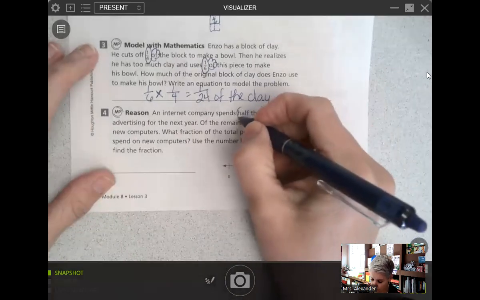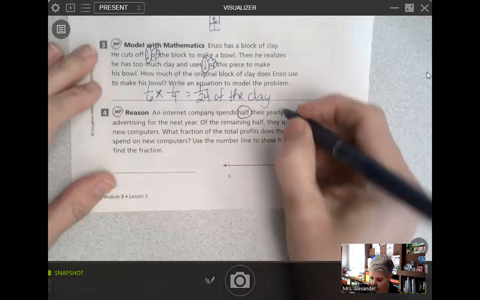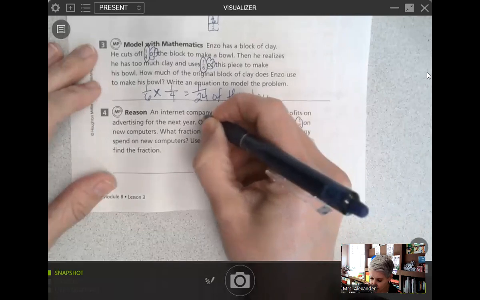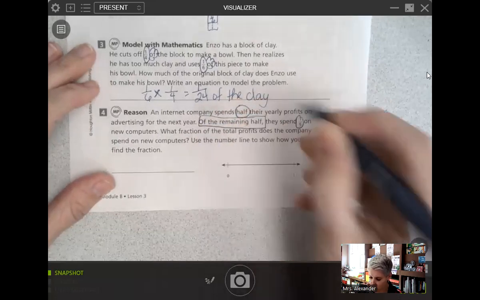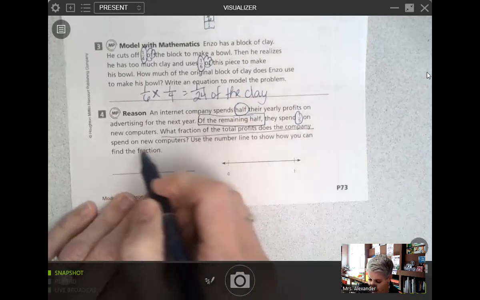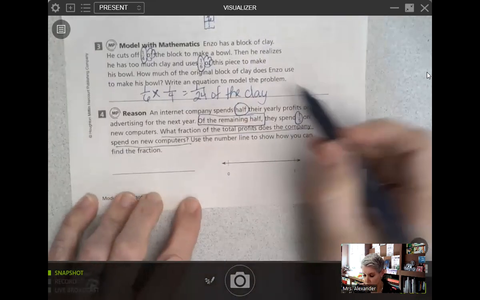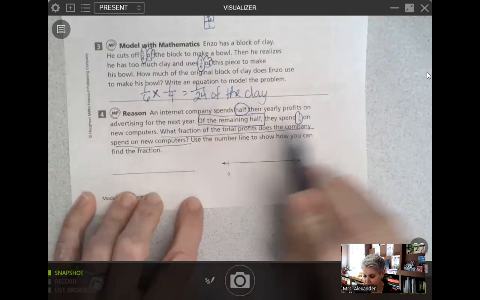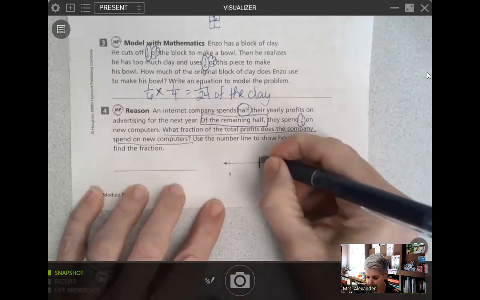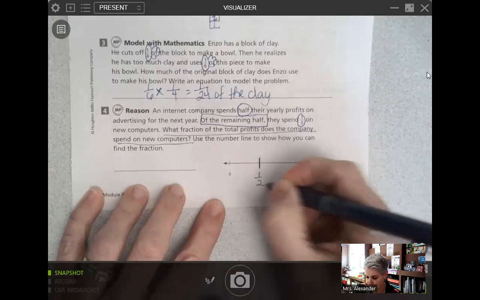So here I have a number word, half, and they spend of the remaining half. So that's kind of important for our work. And we're trying to determine what fraction of the total profits. So if they're spending half of their money on advertising for the next year, on this number line, I'm going to show 1/2.